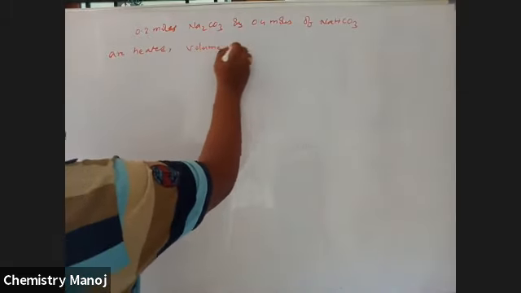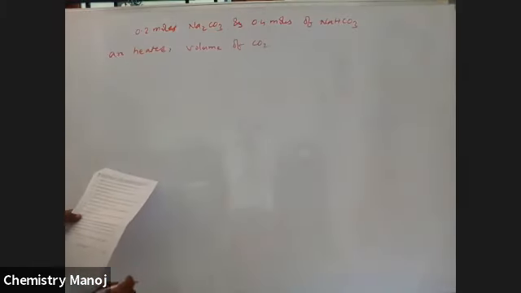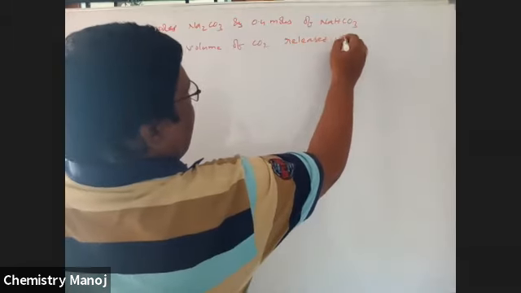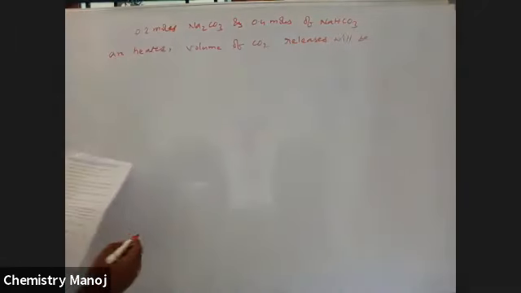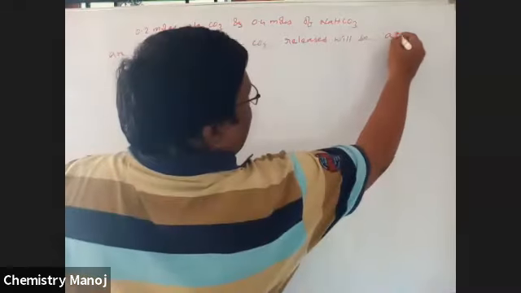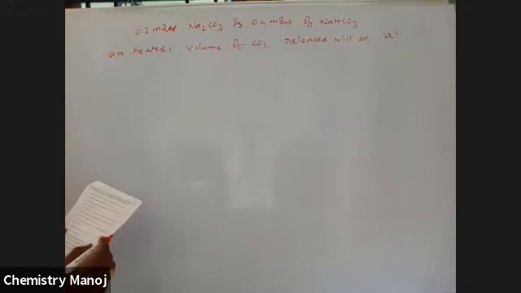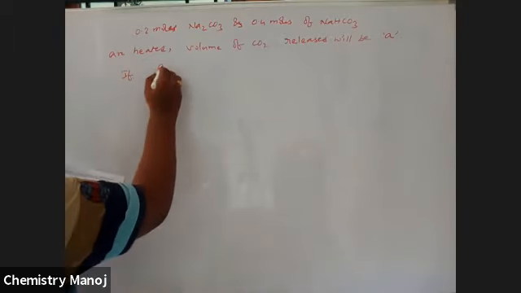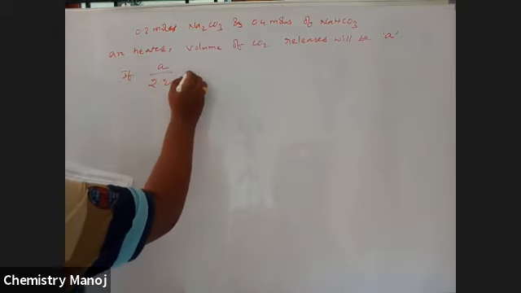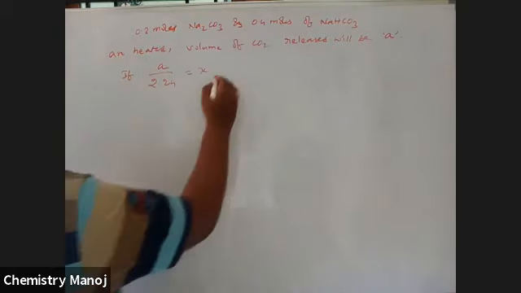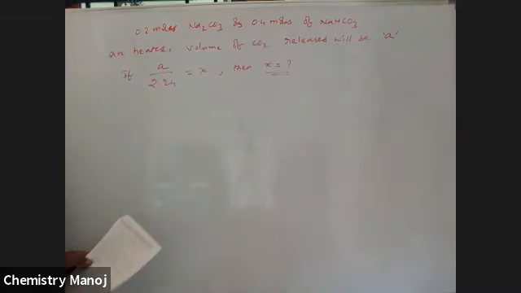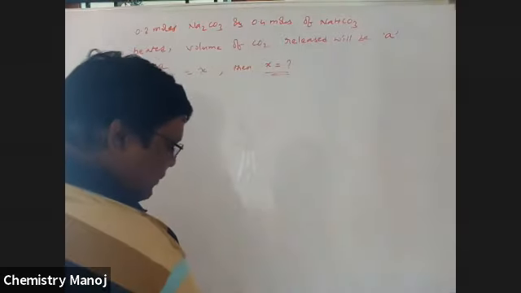The volume of CO2 released will be A. If A by 22.4 is equal to X, then X is equal to how much?